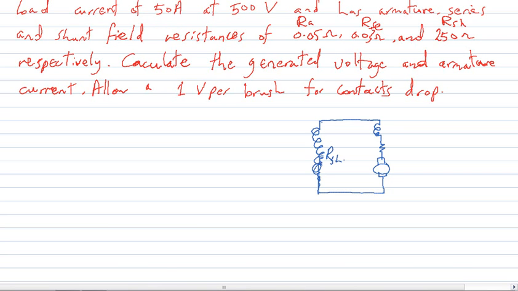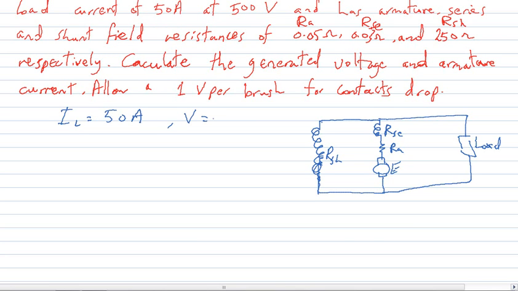This is our shunt, our series, our armature, generated voltage, and then here is the load connected across the generator terminals. So I load is 50 amps, V is 500 volt.